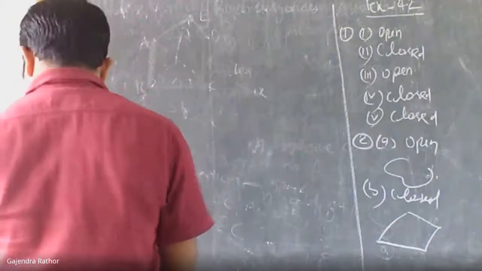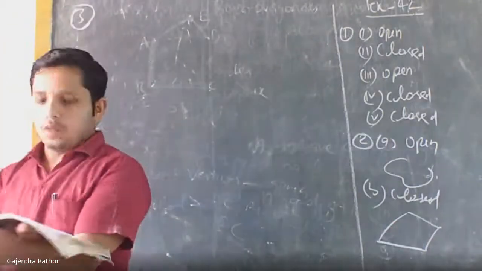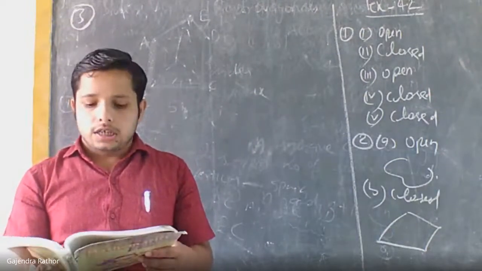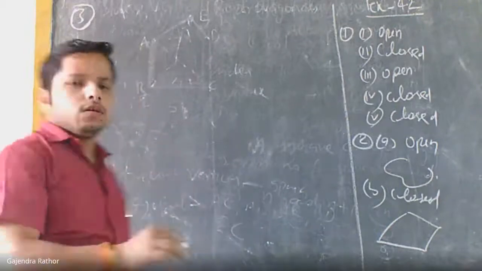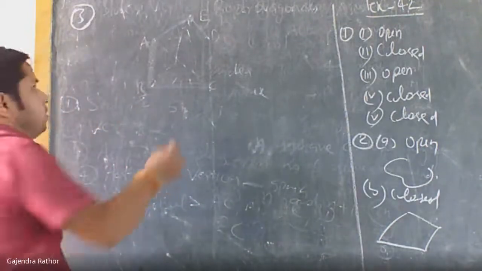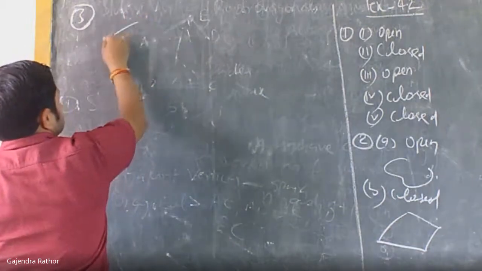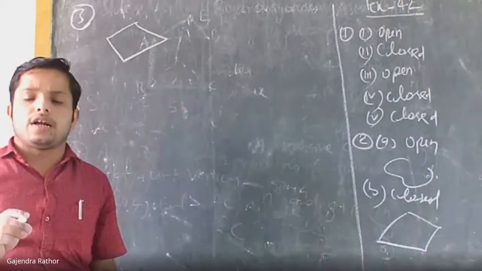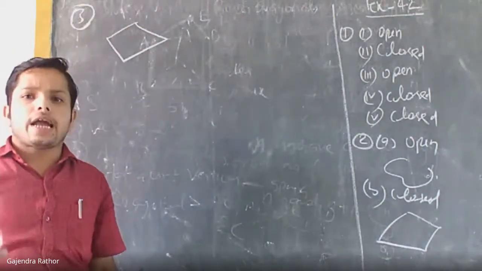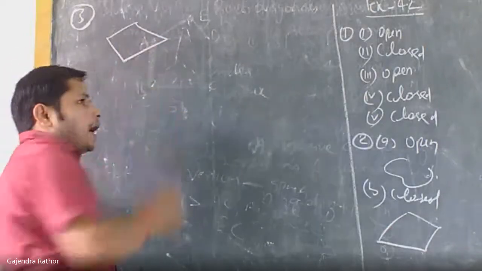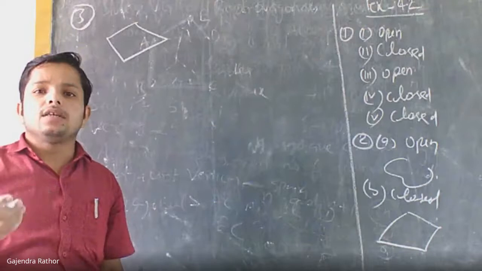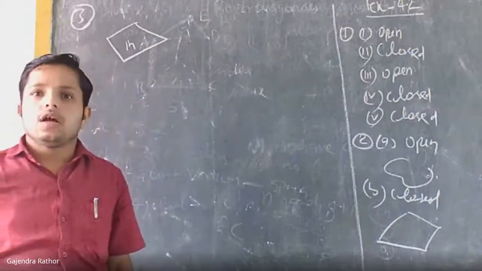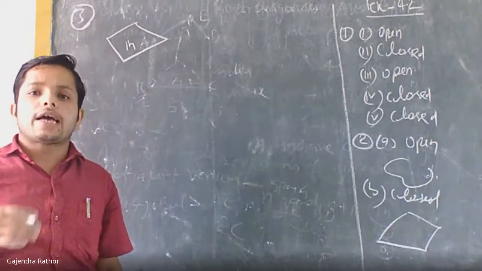Question number 3. In question number 3, we have to draw any polygon and shade its interior. So we can draw any polygon like this, and we have to shade its interior. Again, what are interior and exterior? The interior is the part which is inside the polygon's boundary. So this is the interior part, and the opposite of interior is exterior.